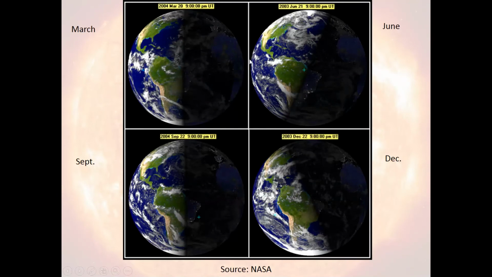During the summer solstice, you notice that the northern hemisphere is getting a much larger chunk of the pie, much larger chunk of sunlight, whereas the southern hemisphere is getting much less. Then in September, we go back to equal amounts from north to south, and then in December, the southern hemisphere is getting the bulk of the sunlight.